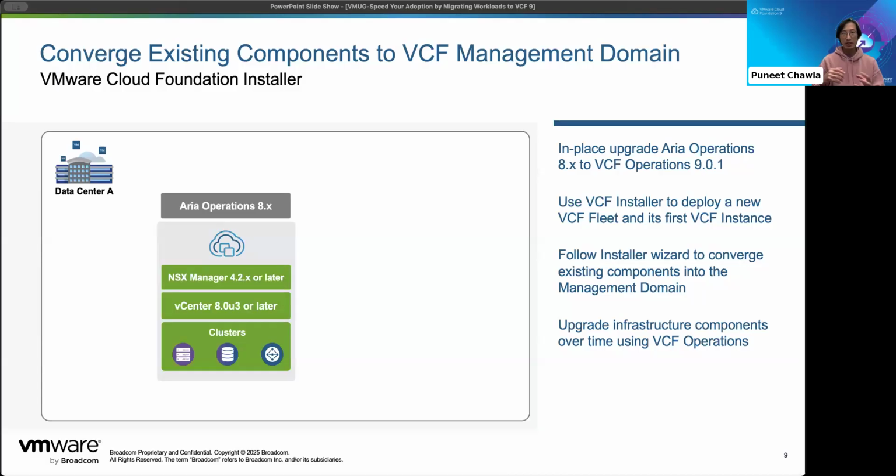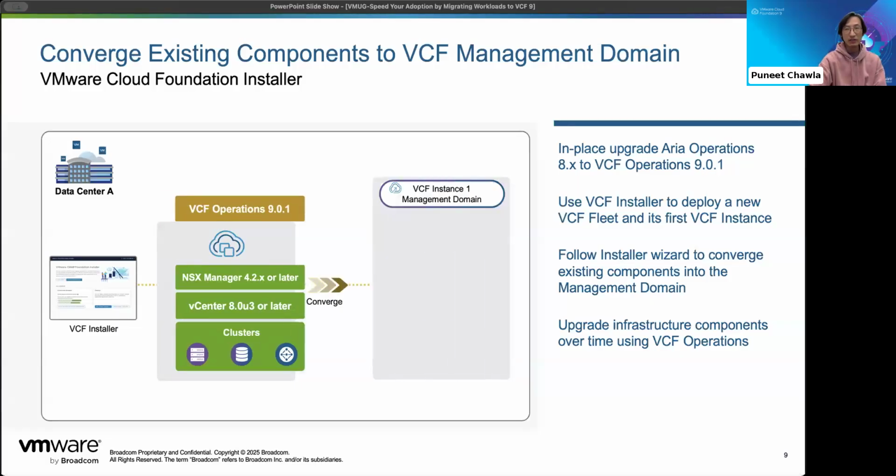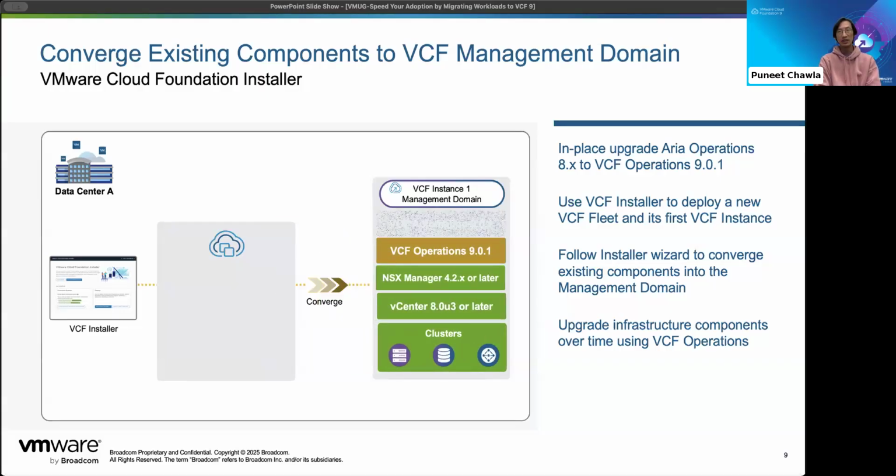So to kick off this process of onboarding to VCF 9, you would first upgrade the Aria Operations to the latest version, which is VCF Operations 9.0.1, and then deploy the VCF Installer appliance, through which you would then deploy a new VCF fleet and its first instance.